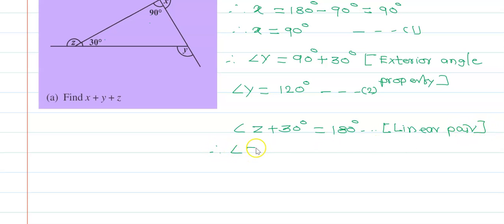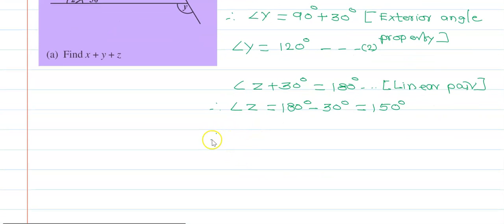Therefore, angle z is equal to 180 degree minus 30 degree, and this equals 150. Therefore, angle z is equal to 150 degree, and this is the third one.